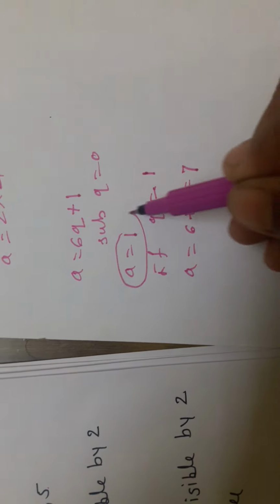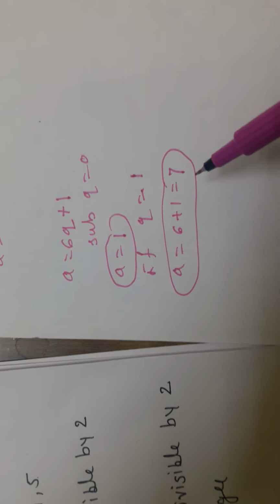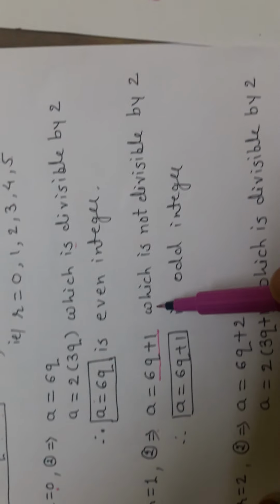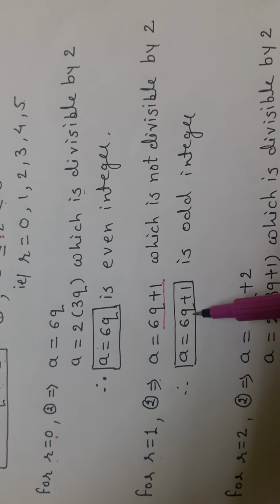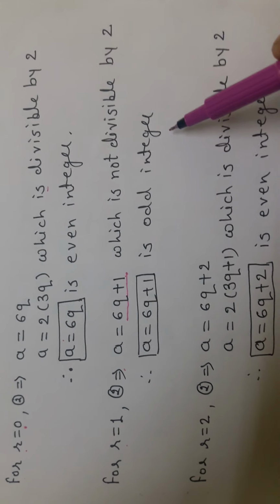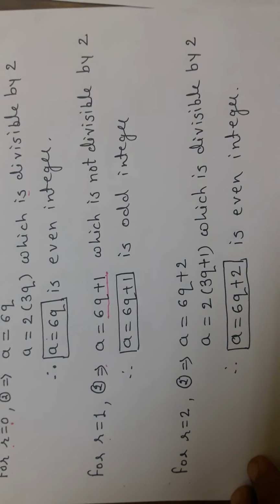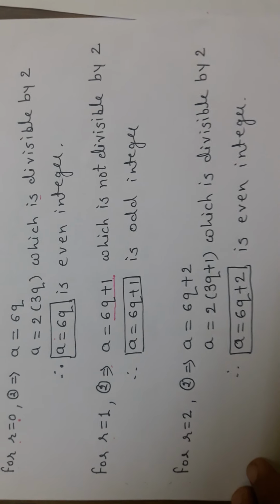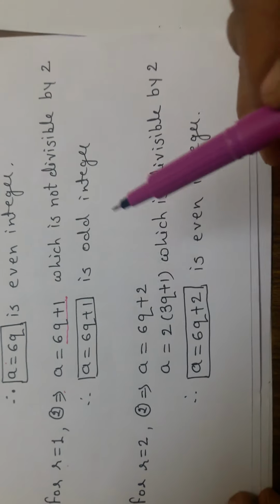We got a is equal to 1, we got a is equal to 7, and these are odd numbers. That's why an odd number is not divisible by 2. That's why a is equal to 6q plus 1 is an odd integer. Here I have taken the values of q as 0 and 1, 2 also, 3 also, and so on, because it is some integer.